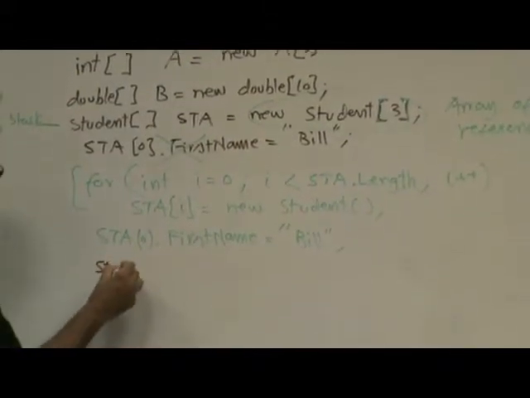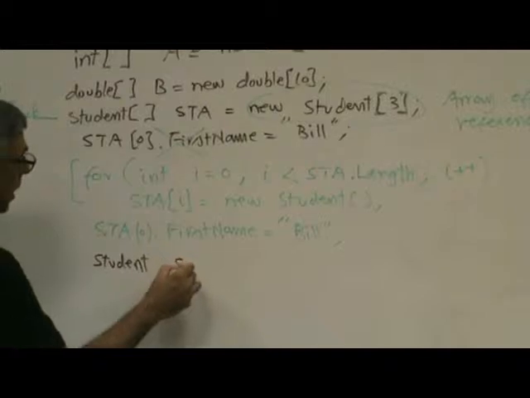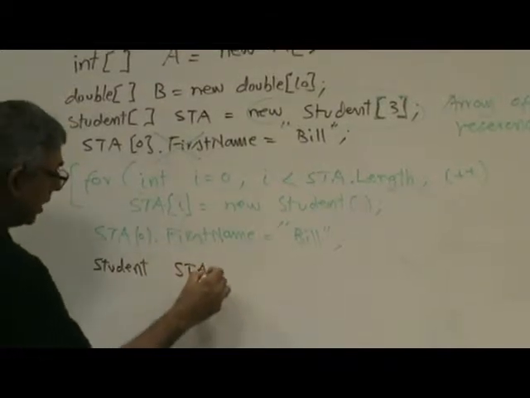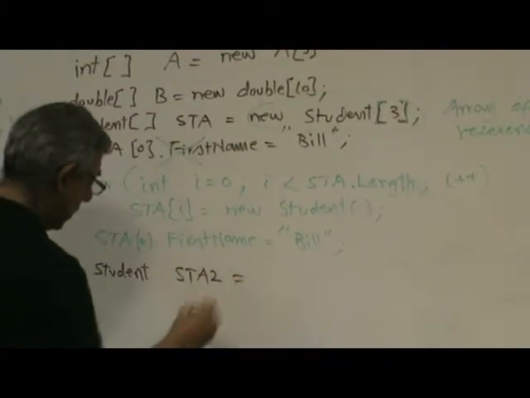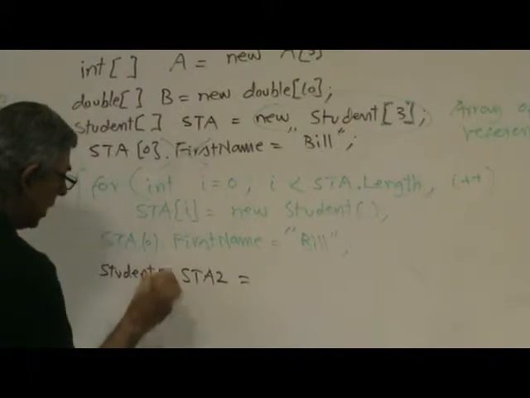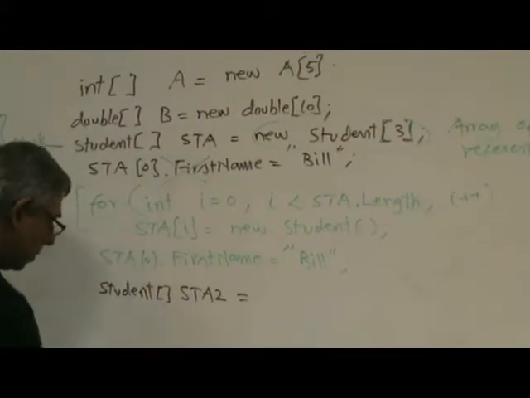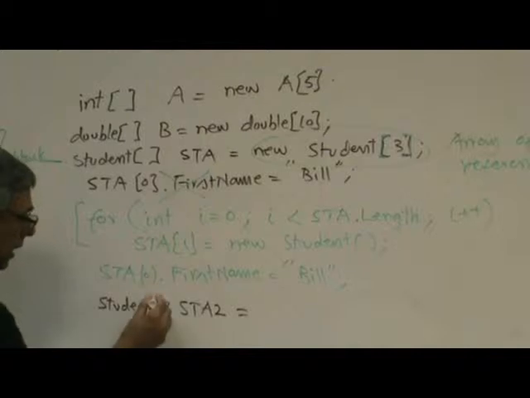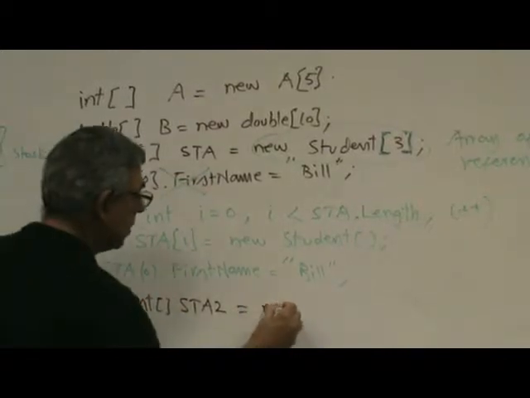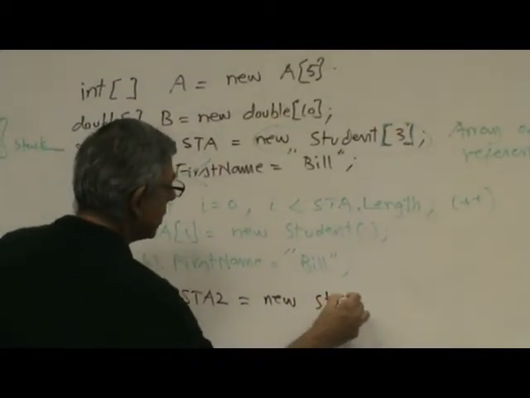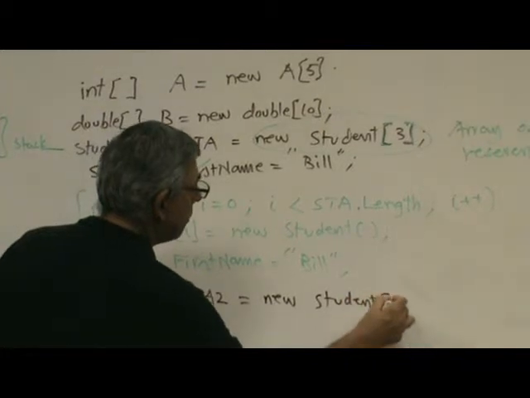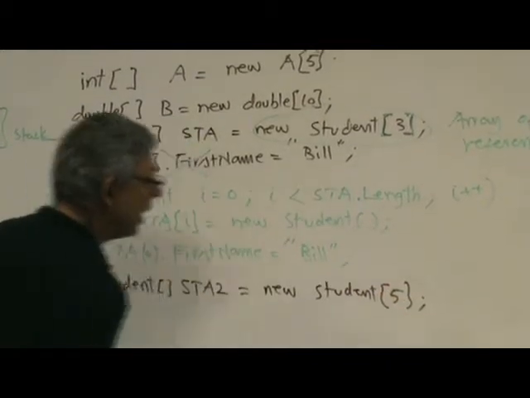You will say Student[] sta2 equal to, okay, this is an array, sta2 = new Student[5], let's say, right?